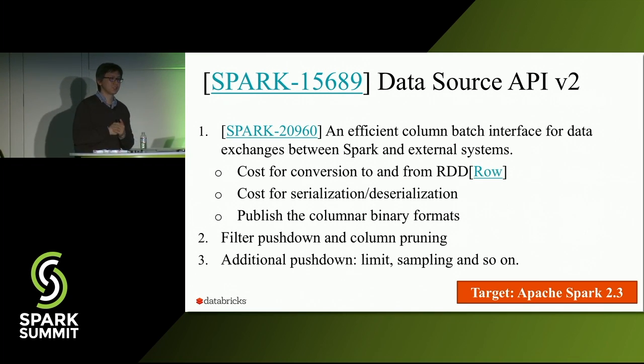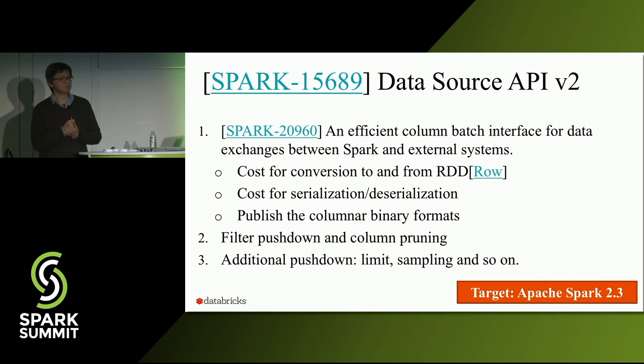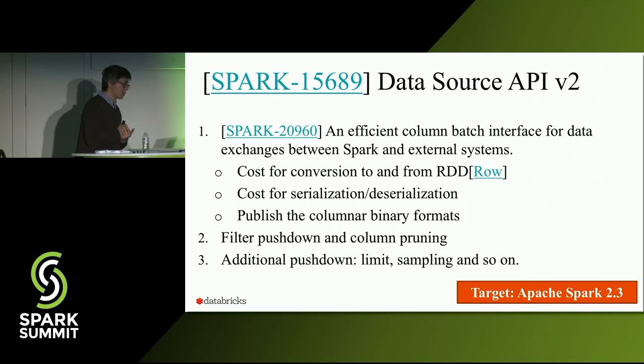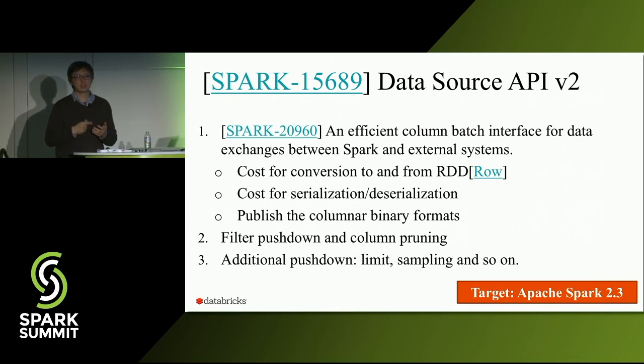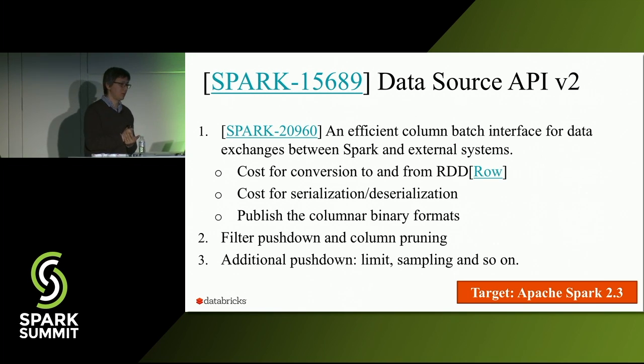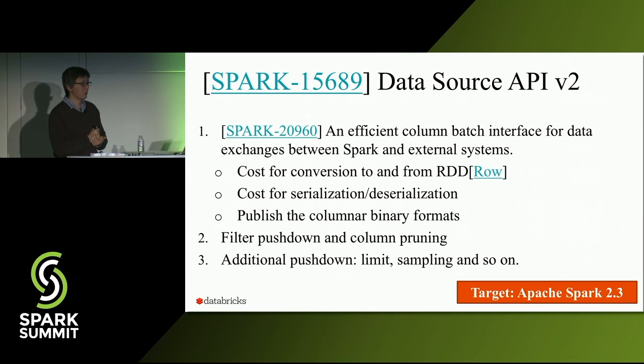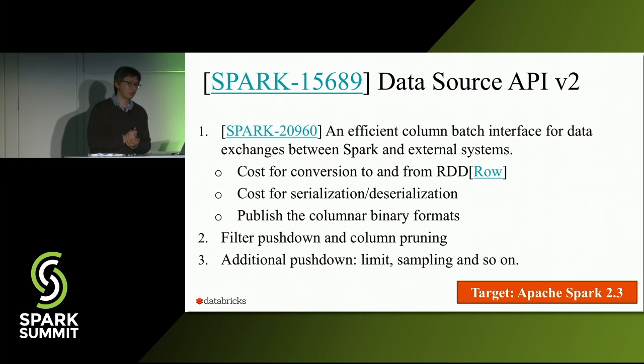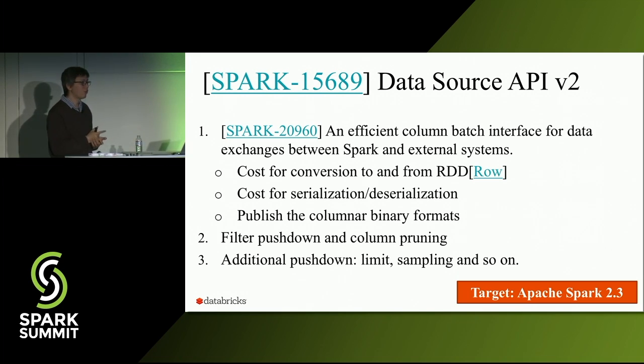The first target is to improve performance. Serialization and deserialization are very expensive. How do we solve the problem? We plan to publish a columnar binary format, so we don't need actual serialization and deserialization. We also avoid conversion to and from RDD row.